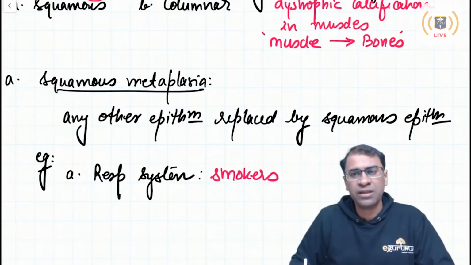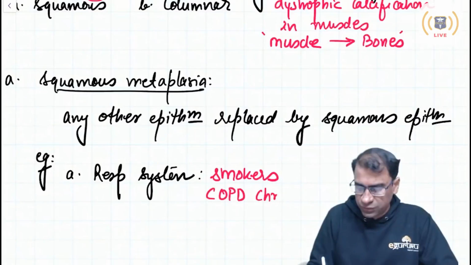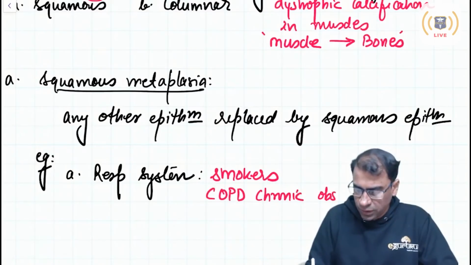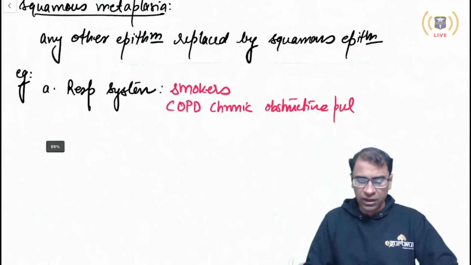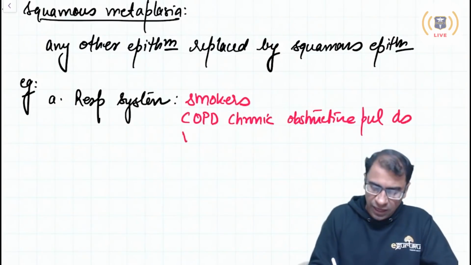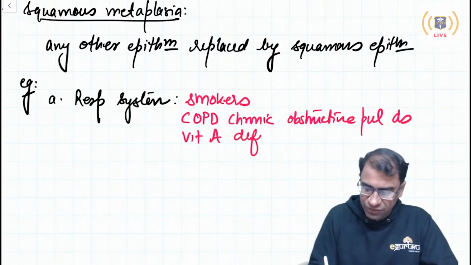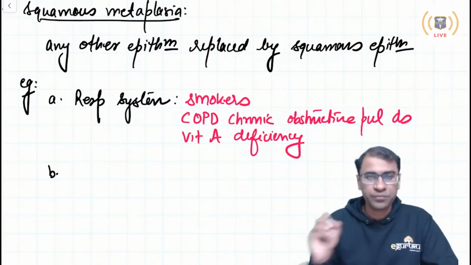So the first example is smoking. Next is COPD, which stands for chronic obstructive pulmonary disease, like chronic bronchitis, and vitamin A deficiency also.